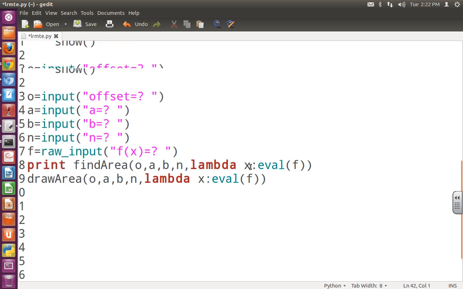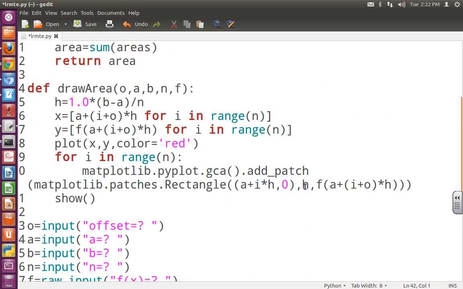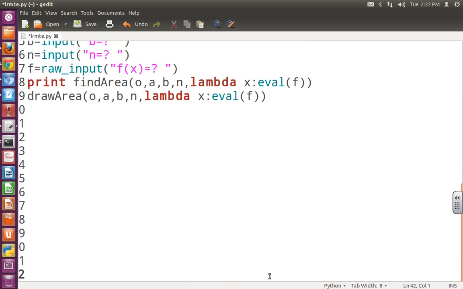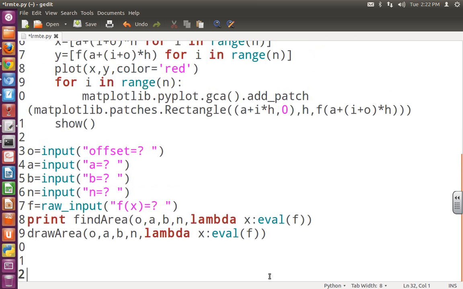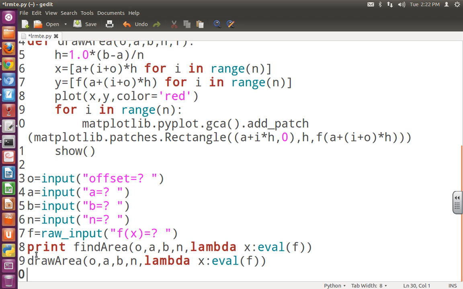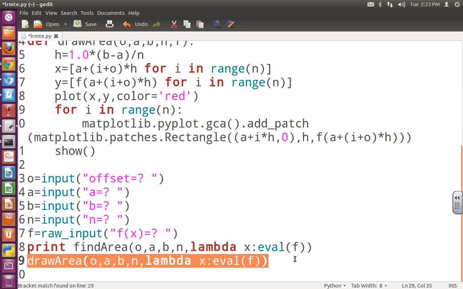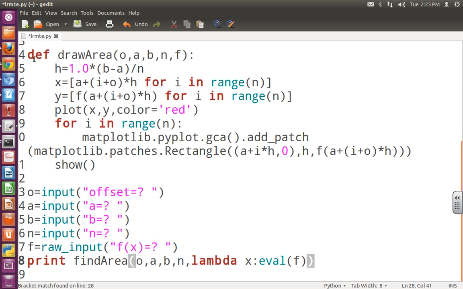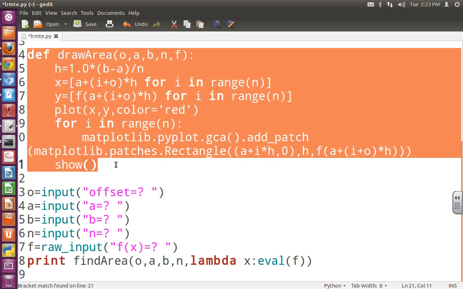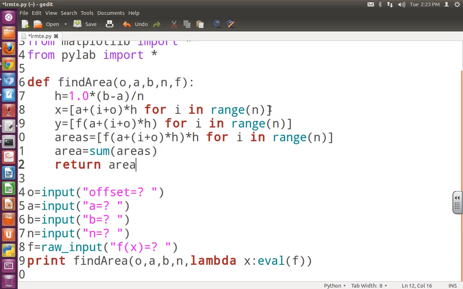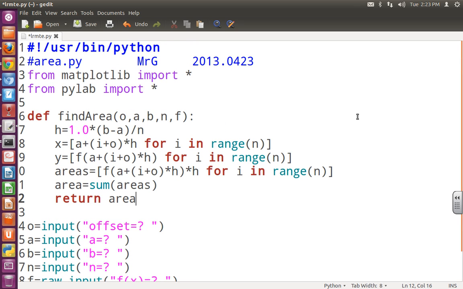All right, so this is what you're going to do. I'm doing input a different way. Here's how I'm going to do input. A is the integer part of sys.argv sub 1. What does that mean?